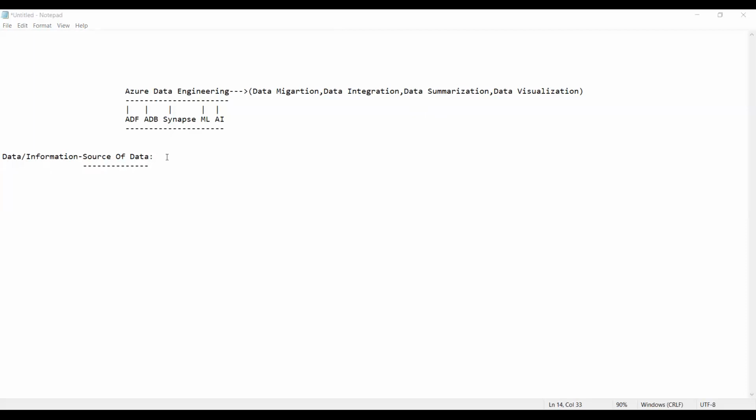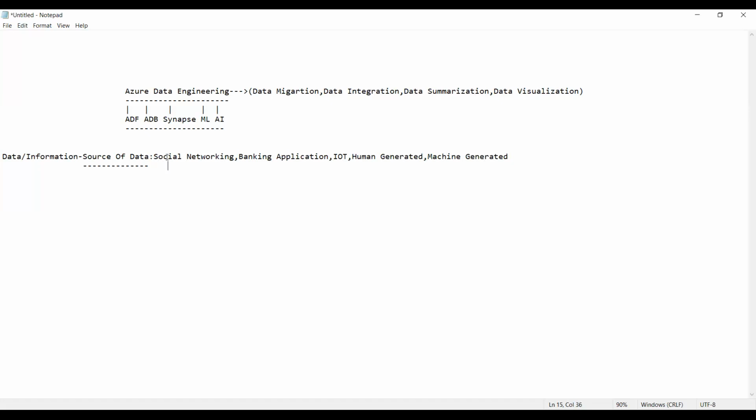We can have the following sources: social networking sites, where we get the data, banking applications, data from IoT sensors, Internet of Things, human generated data, and the next one is machine generated data, etc. These are all the sources from where we can expect the data.